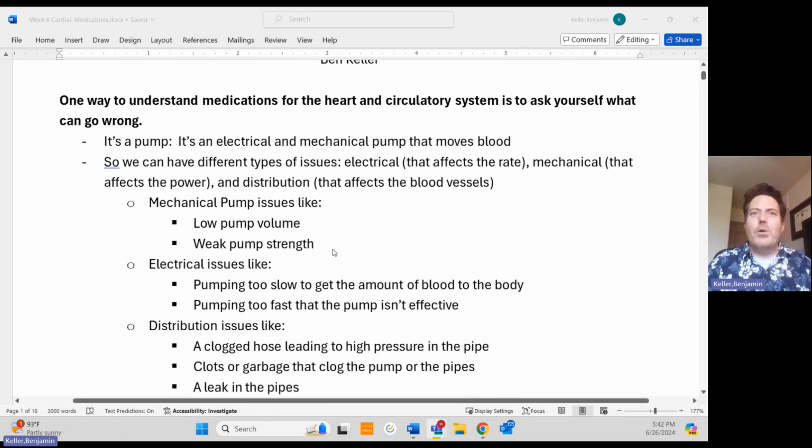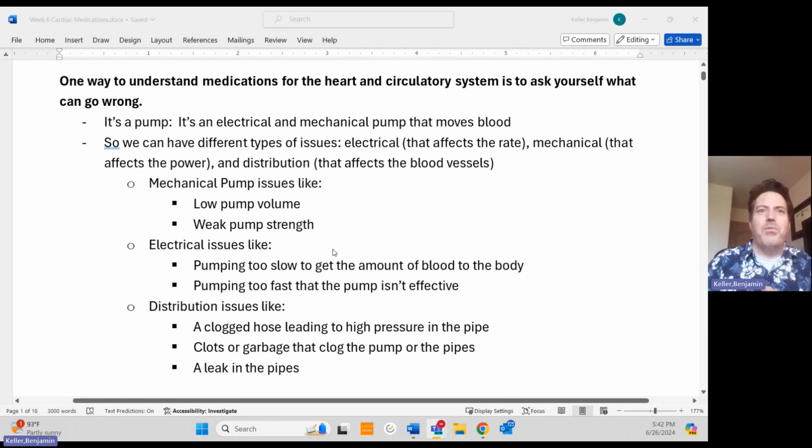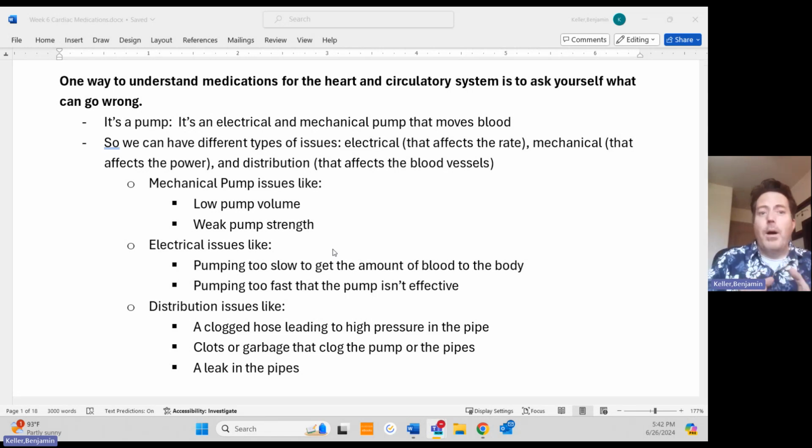So, mechanical pump issues are things like low pump volume or a low cardiac output, or maybe a weak pump strength that you might see with cardiomegaly from congestive heart failure. Electrical heart issues are going to be things like pumping too slow to get the amount of blood to the body, like with bradycardia, or pumping so fast that the pump isn't effective, like supraventricular tachycardia.